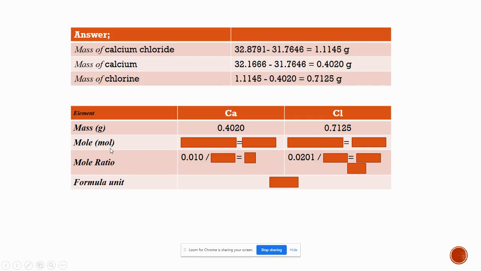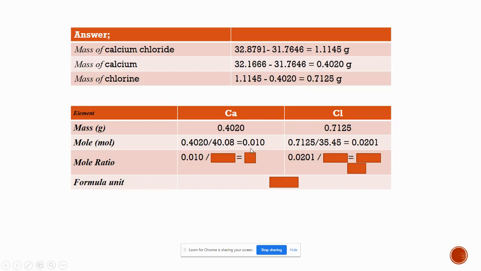The next step is to find the number of moles. So we take the mass of calcium divided by its molar mass. So the number of moles for calcium is 0.010. The same thing applies to chlorine. We take the mass of chlorine divided by its molar mass. So the number of moles of chlorine is 0.0201.